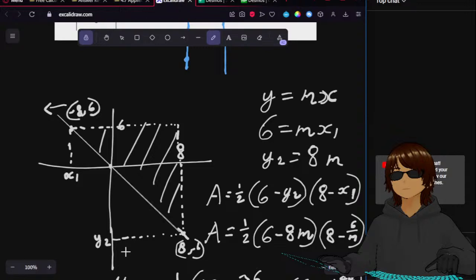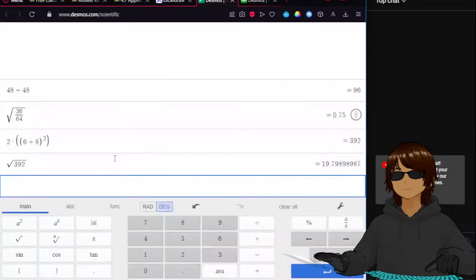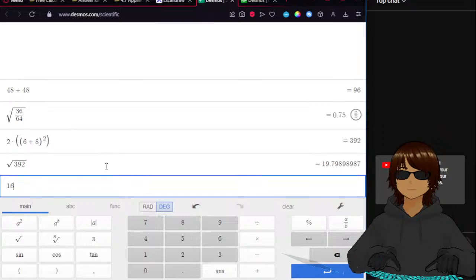So then 8 plus 8 and x, y, x, y. Let's do 8 plus 8, 16 square.